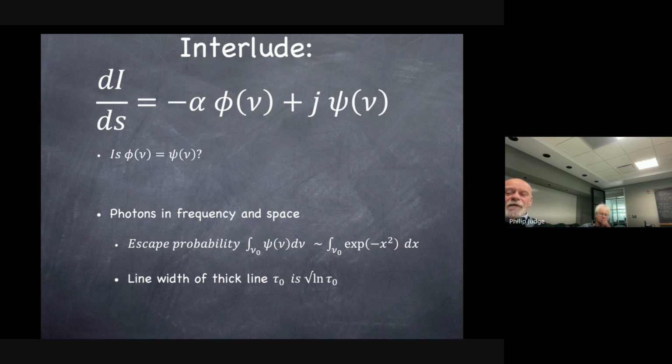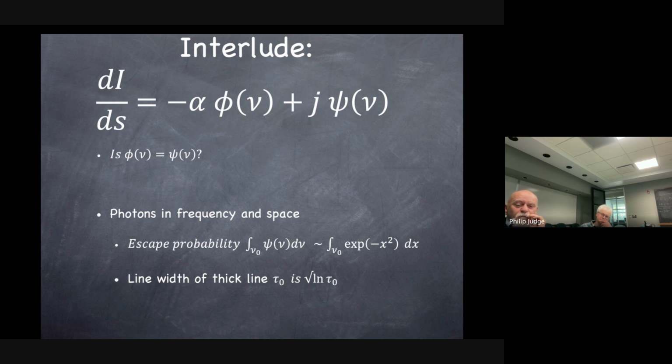However, if psi is different from phi, and it generally is, then we need to carry along with us a function of, say, phi over psi in order to be able to solve this equation. And this is where things become interesting to some people, a bit of a pain to others, but this is called partial frequency redistribution, when this is not true.